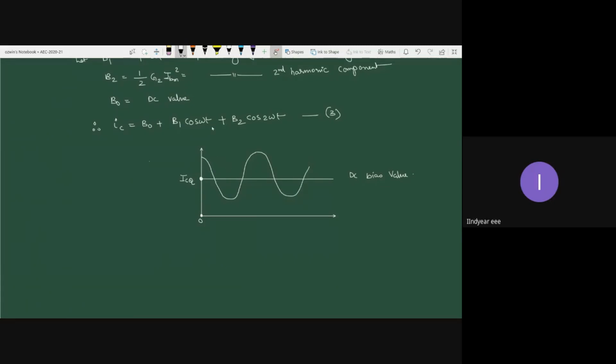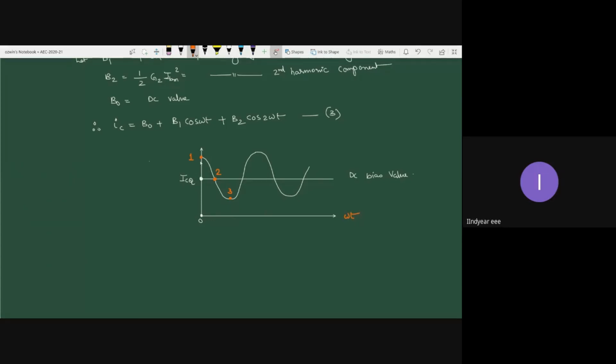Next, let me mark certain points over here: point 1, point 2, and point 3. So this is your omega t axis.